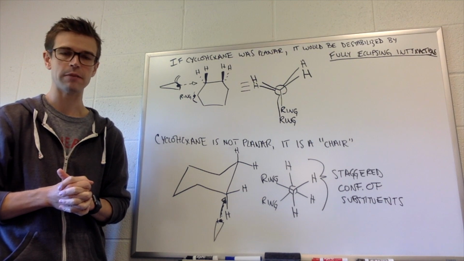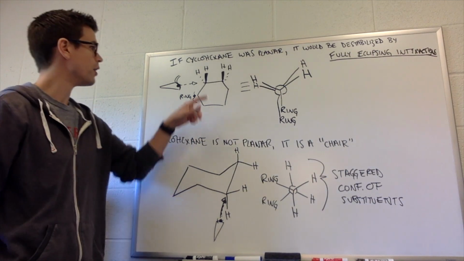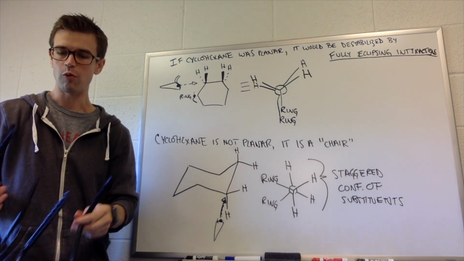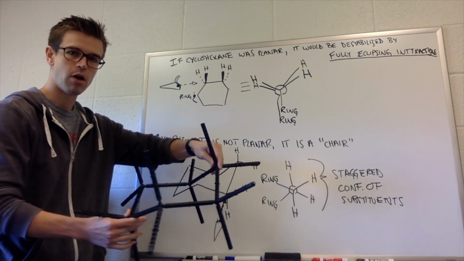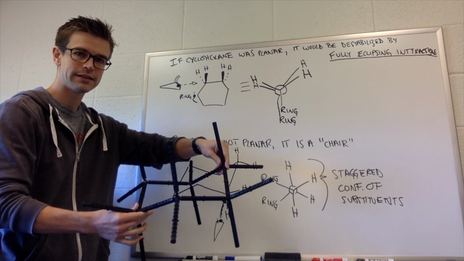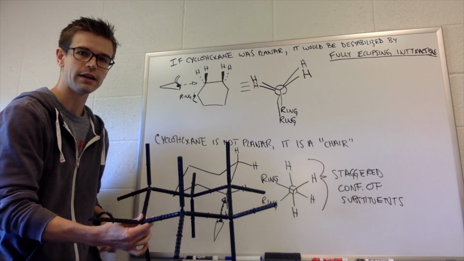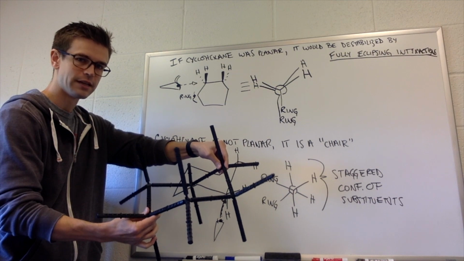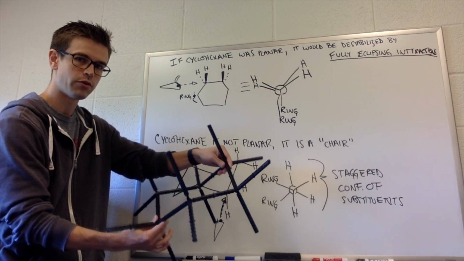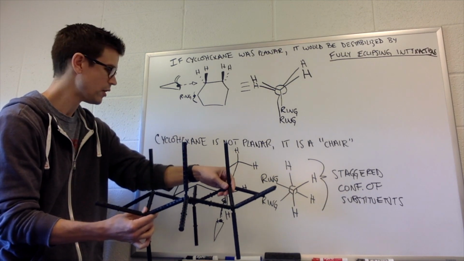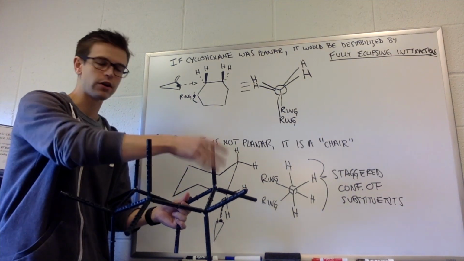One other thing that I want to talk about real quick is when we draw chair structures, we don't draw wedges or dashed arrows. Well, why is that? That's because what we're trying to do here is draw the molecule in perspective. So this is kind of the closest thing that I can show with how these two are related. But essentially, this part of the chair right here is here, and we don't draw the wedges or dashes because they're not really coming out or going up.